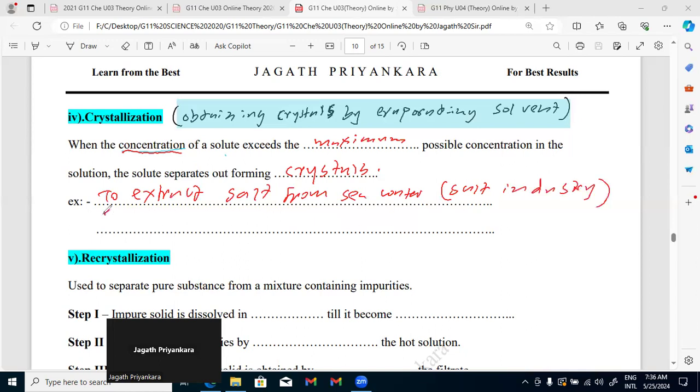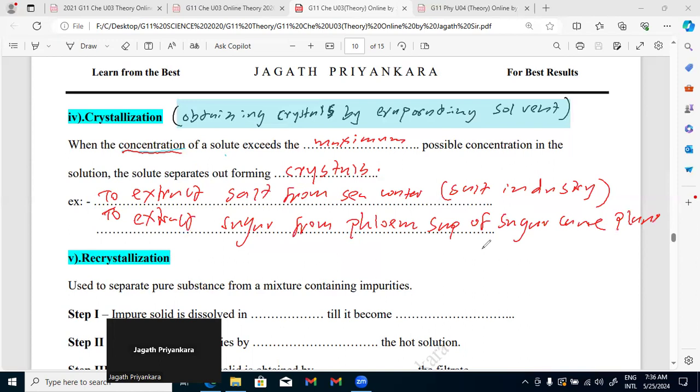And you can write to extract sugar, that is sucrose, from phloem sap of the sugarcane plant. That is called the sugar industry.